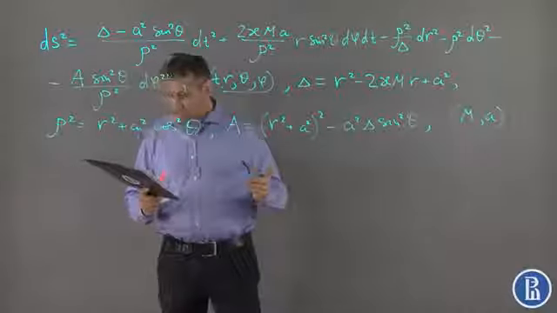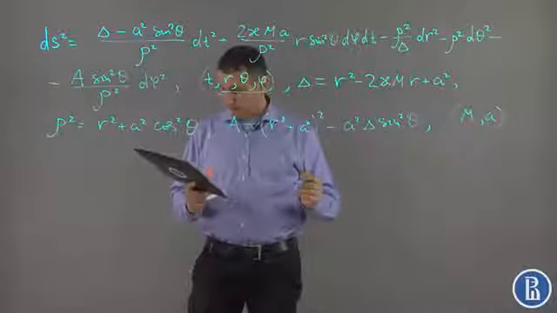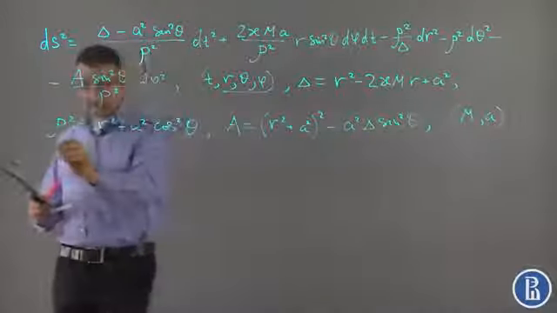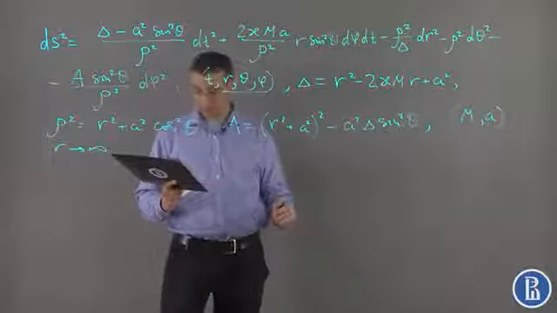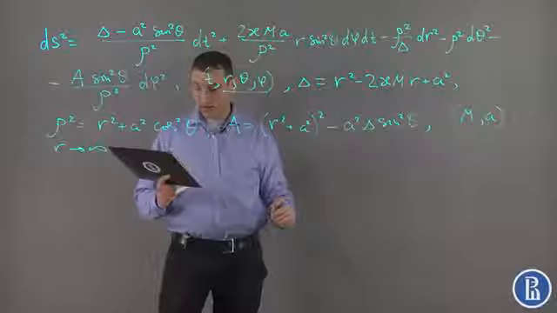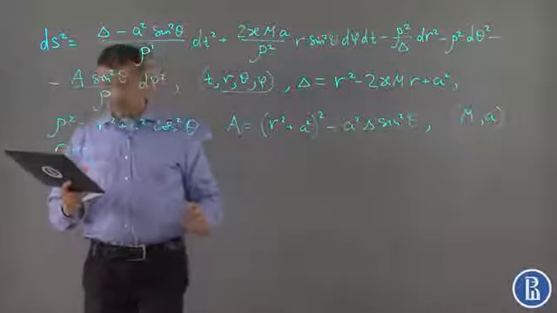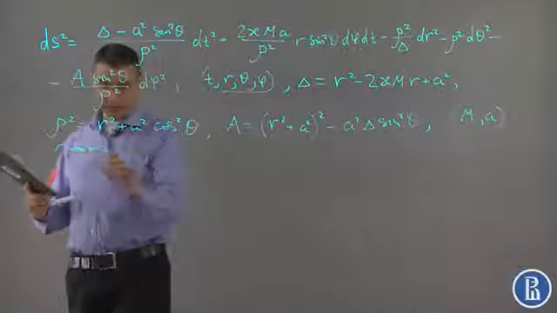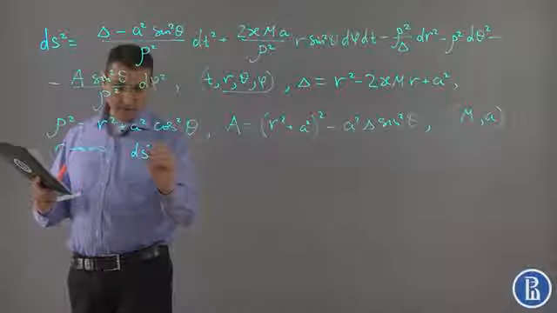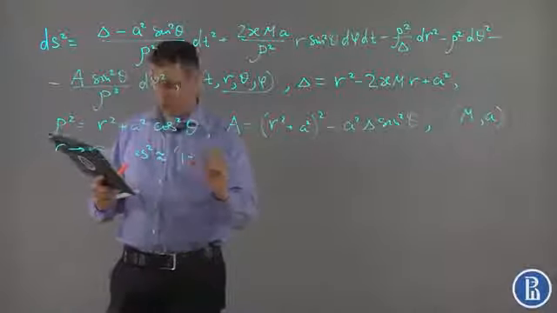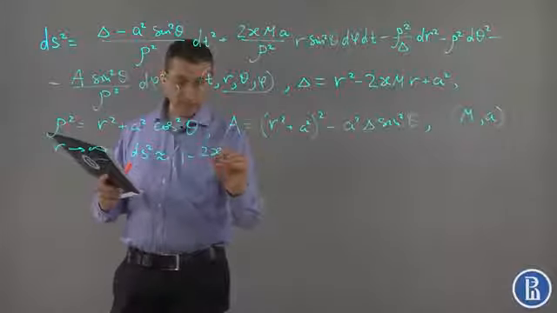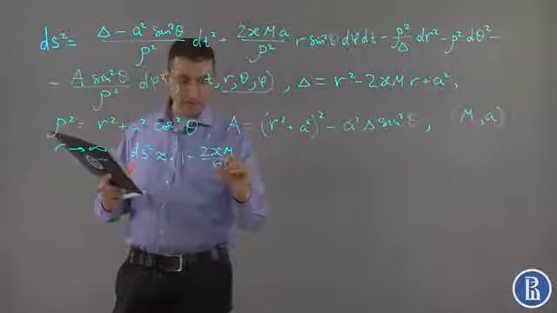Second thing, as r goes to infinity, we encounter the following metric. As r goes to infinity, the metric tensor approximately becomes 1 minus 2 kappa m divided by r.